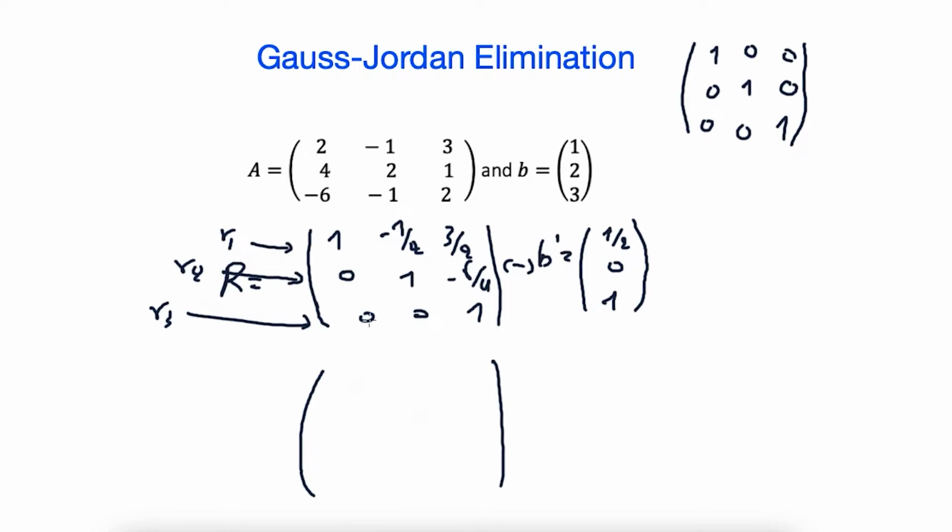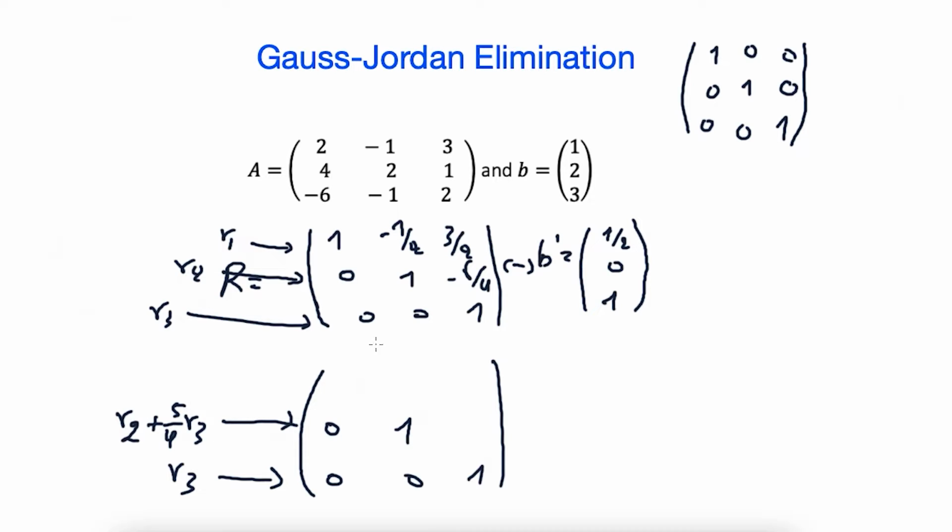So we won't change this row, so it will be 0 0 1. This is R3 without any change. We want to get a 0 at this position here, so to get it we will do an operation between these two rows. R2 here has minus 5 over 4, so we take R2 plus 5 over 4 times R3. So this will be 0 plus 0, which is 0, and 1 plus 5 over 4 times 0, which is 1, sorry.